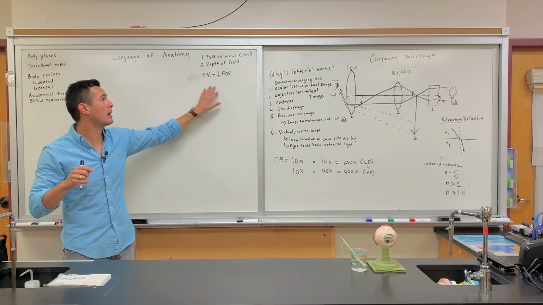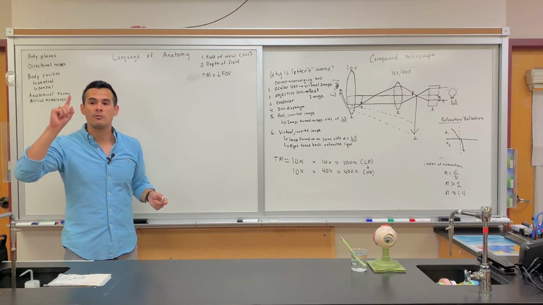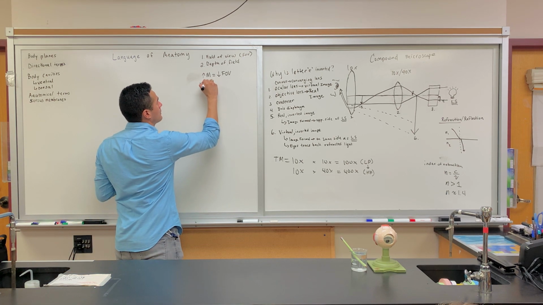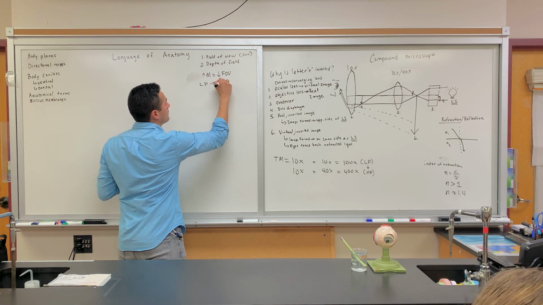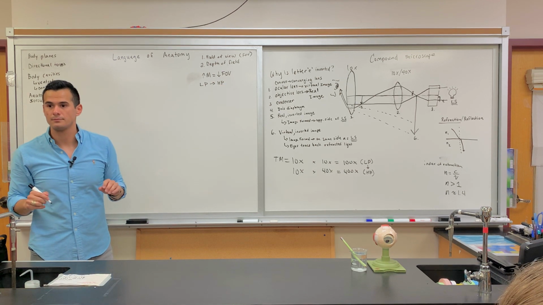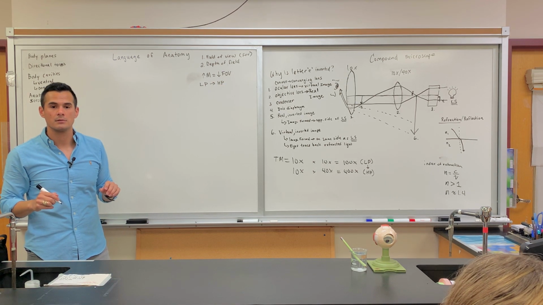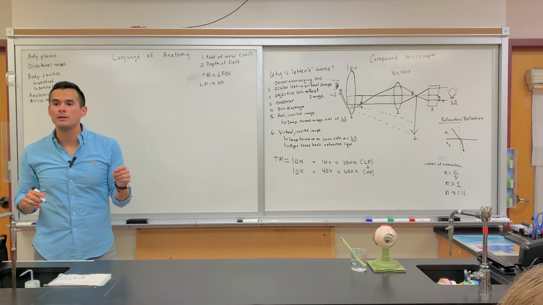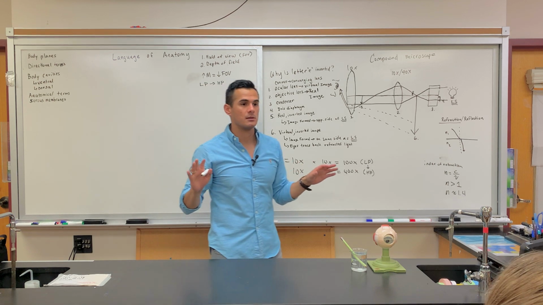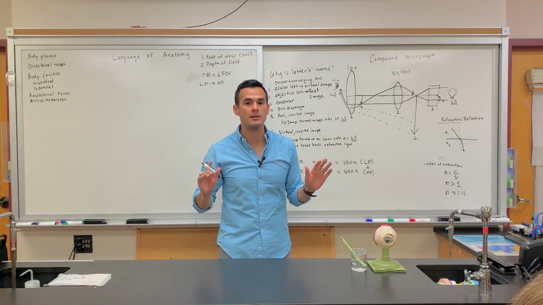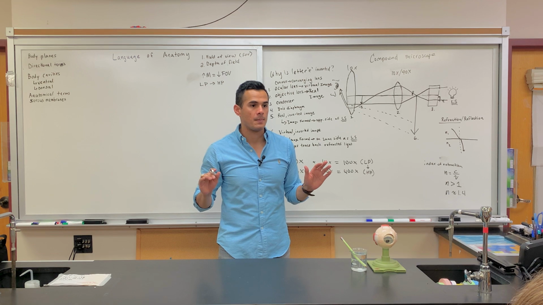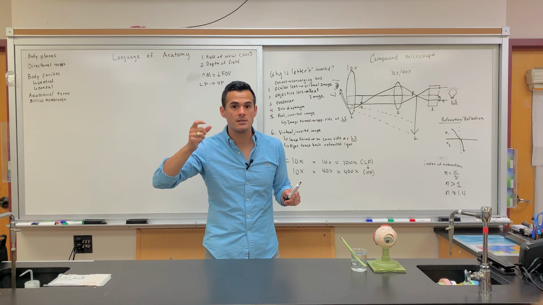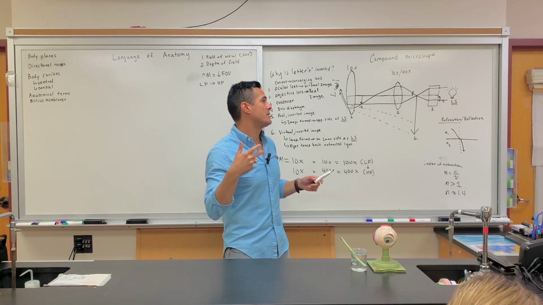So if you have the letter E, what I want you to do next is to switch from low power to high power. So when you switch from low power to high power, the image should be mainly focused. Okay, you're not going to have to touch the coarse knob adjustment. The only thing you have to touch is the fine knob, the small knob, to improve the image resolution.